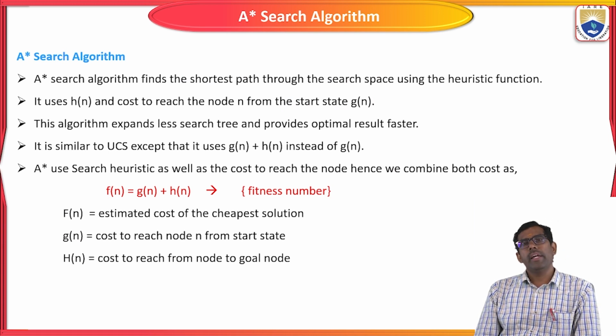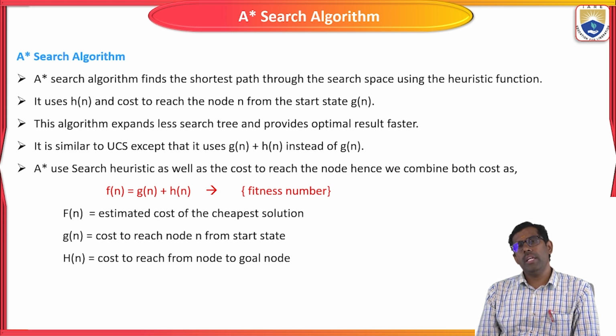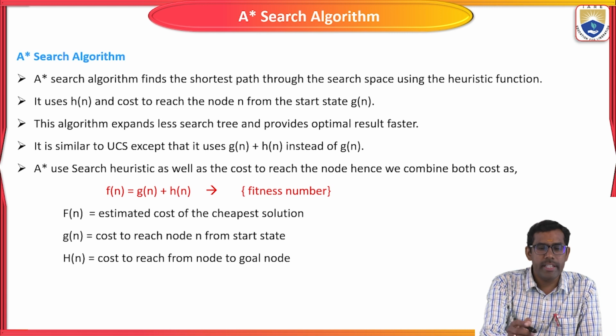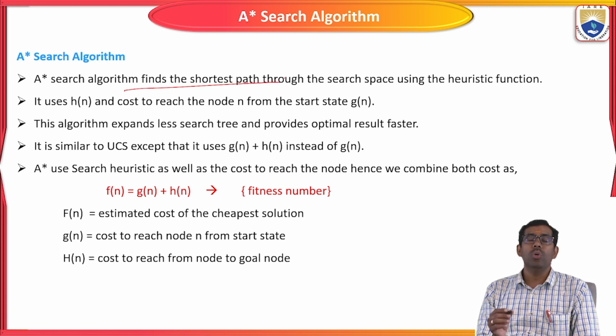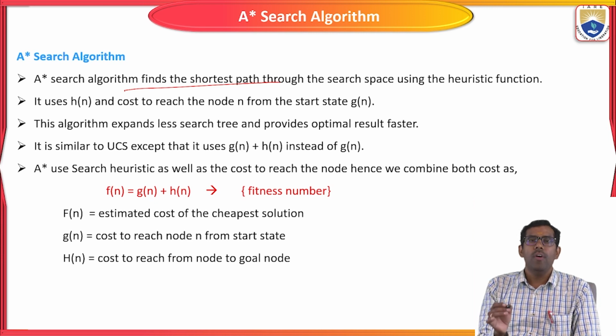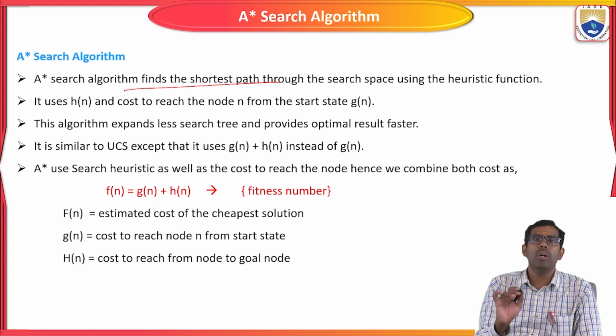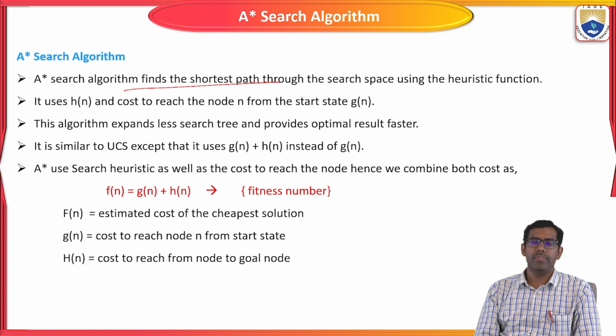It is one of the informed search algorithms in artificial intelligence. The A-star search algorithm finds the shortest path. It is used to find the shortest path in your given graph, either a directed graph or an undirected graph.